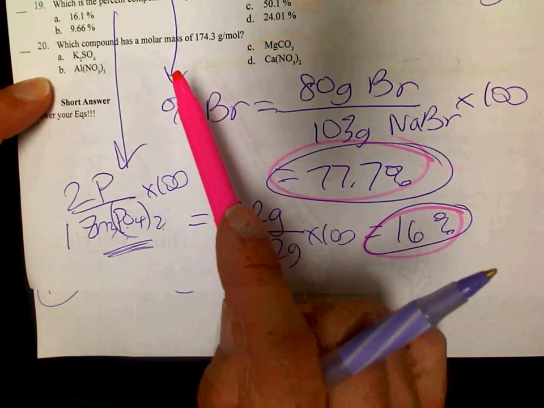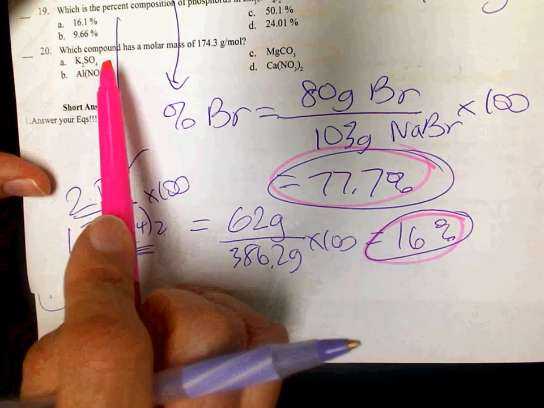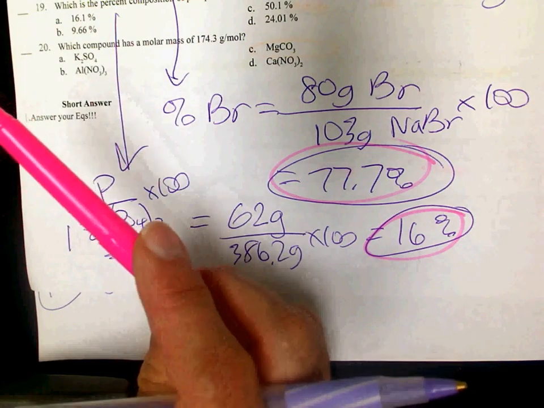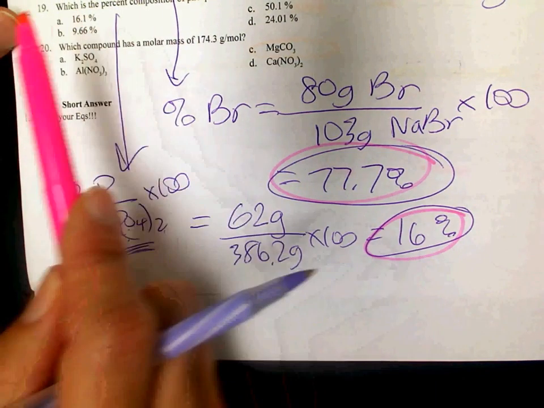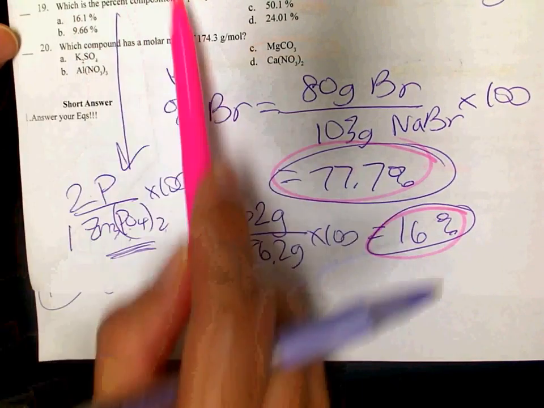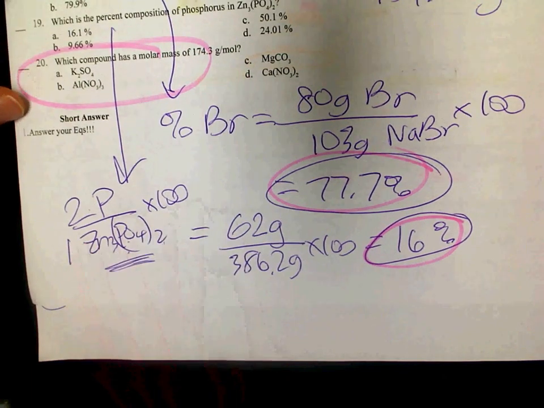Which compound has a molar mass of 174.3? Why is this problem harder than this problem, guys? Why is 17 more difficult than 20?